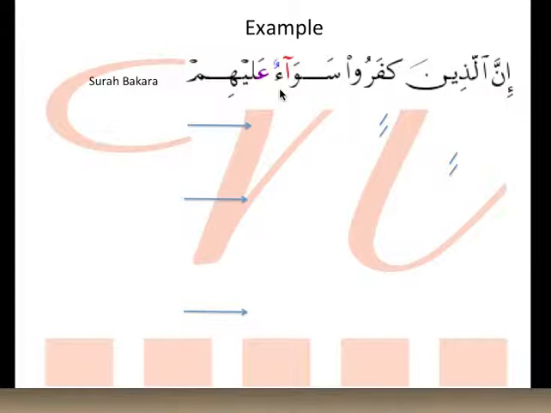Now, how can we see them in the Qur'an? I've got here the non-clear rules, and I'm going to write the clear rule after, but let's see the non-clear first.